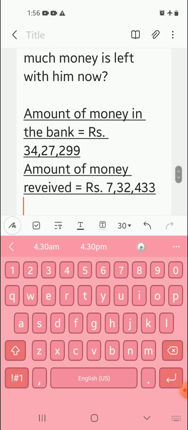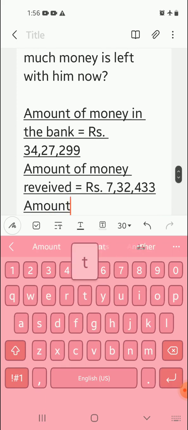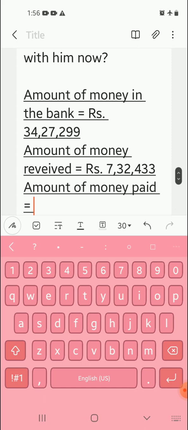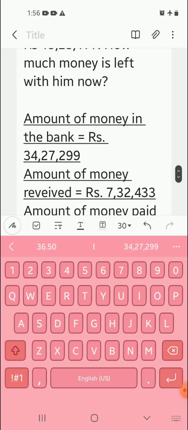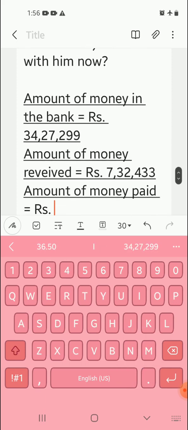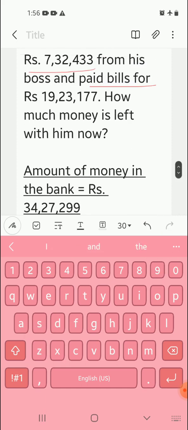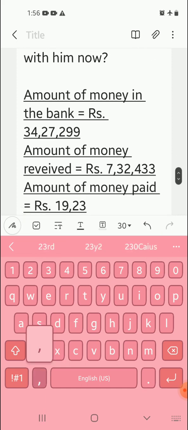Now, amount of money paid is equal to rupees 19,23,177.